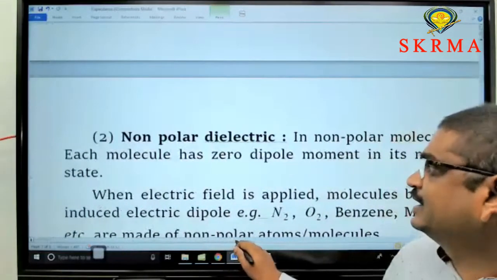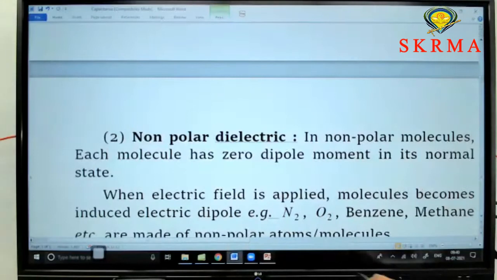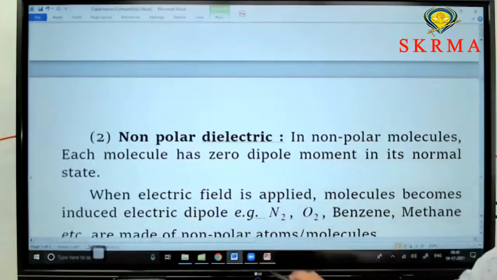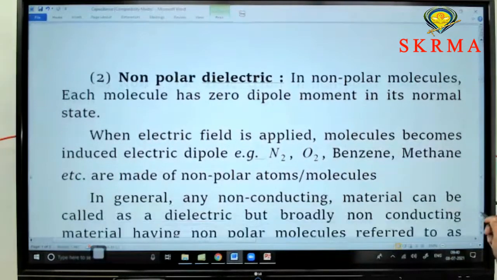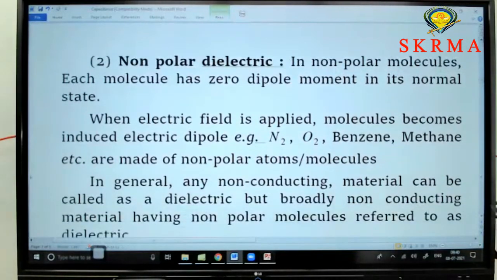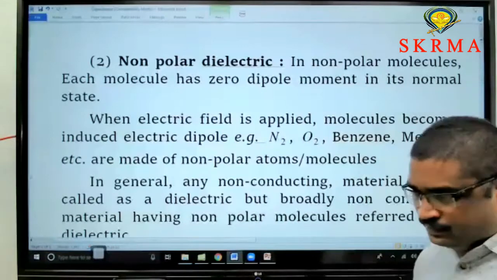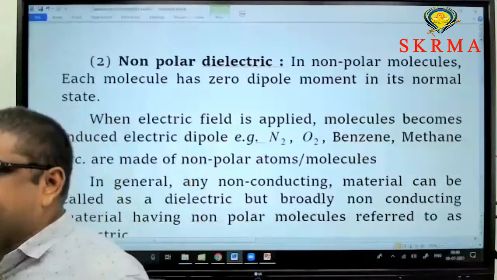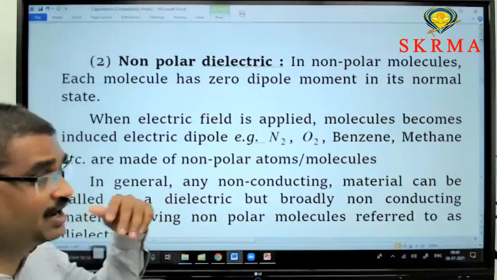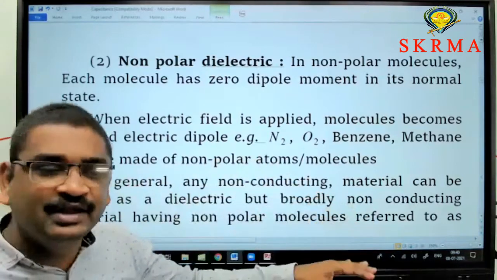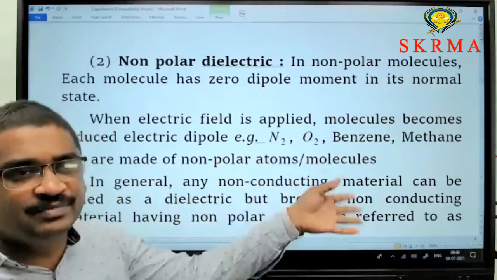So what is meant by non-polar dielectric? As already discussed, a non-polar dielectric has zero dipole moment without any external field. Even when it is not in an external electric field, the net dipole moment is zero.